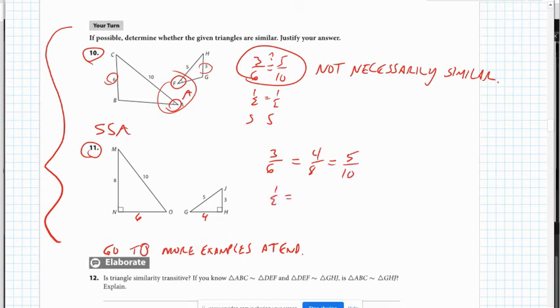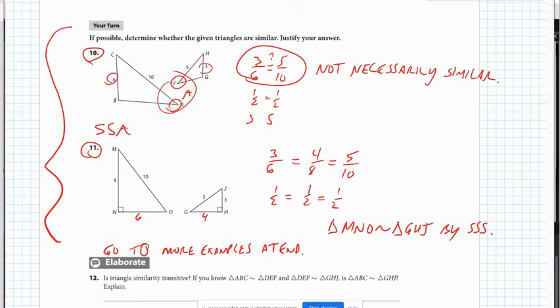Those all reduce to 1/2. So we can say triangle MNO is similar to triangle GHJ by SSS. So that one was a little tricky because you had to use the Pythagorean theorem to find the third side. SSA doesn't work, but since they're right triangles, we were able to use the Pythagorean theorem to find the missing sides and then use SSS.